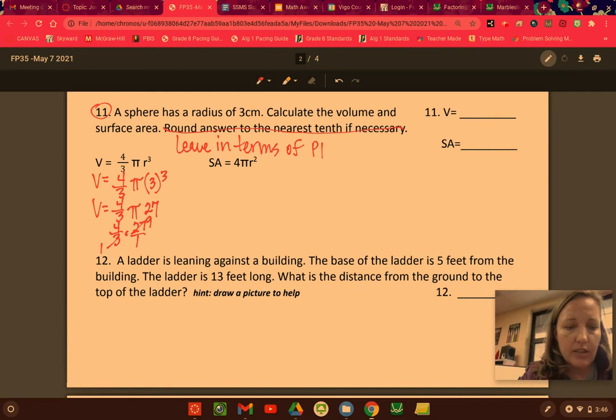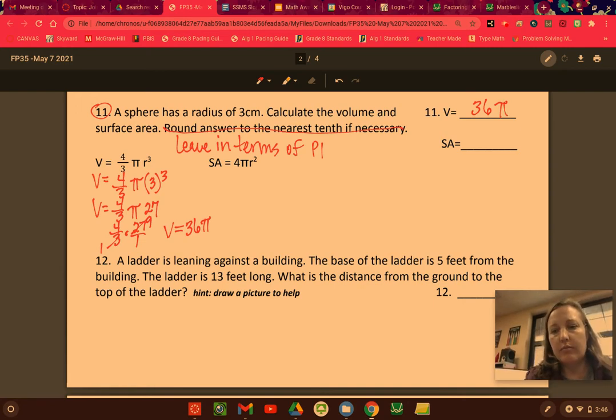So 9 times 4 is 36. And we haven't dealt with pi, right? It's still there. So the volume is 36 pi. We just leave it out of it and then bring it in at the end. So we would have to multiply that times a little more than 3, right? So you could imagine 900-ish or more like 1200, something like that, if you were to estimate.